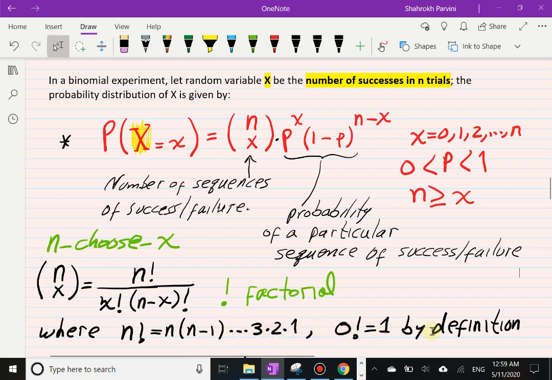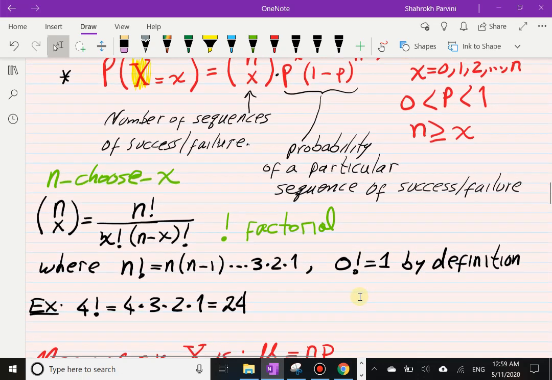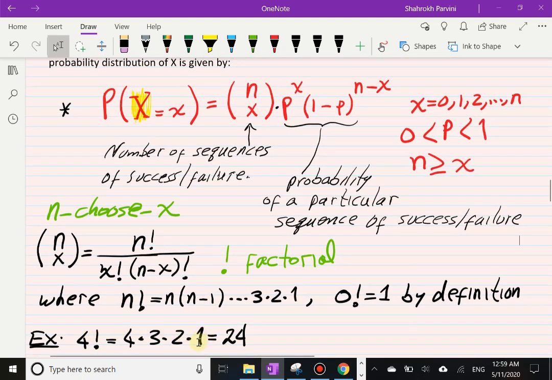And 0 factorial by definition is 1. So for example, what is 4 factorial? 4 times 3 times 2 times 1 equals 24. You actually multiply. What is 10 factorial? That would be 10, 9, 8, 7, all the way down to 1.